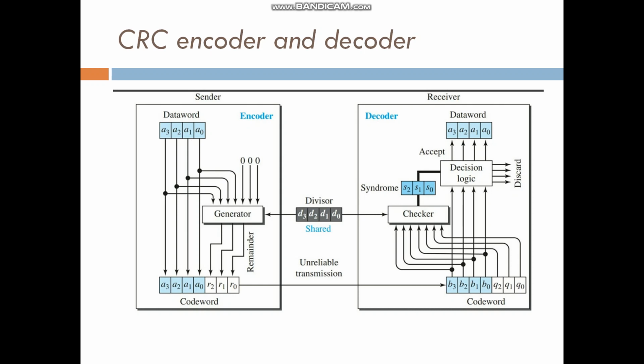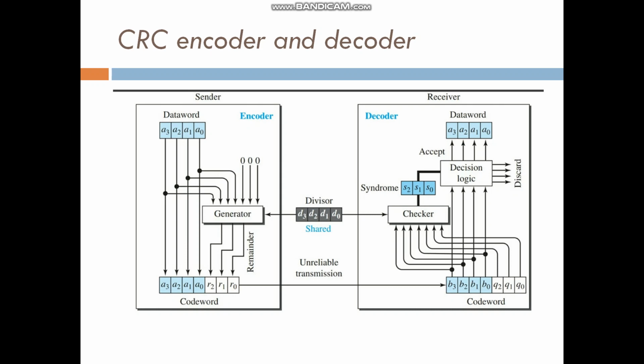The generator mainly uses a divisor dividing approach. At the generator, we divide our data word and the encoder's generated bits by a divisor. The divisor always has fixed digits that depend on the size of the data word.